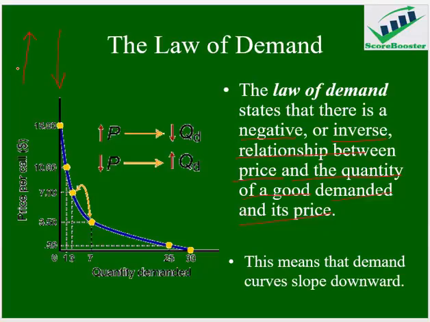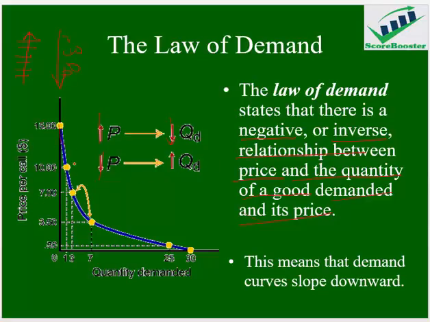Here the price moves from 1 to 2 to 3 to 4 to 5 to 6, and this item drops from 50, 40, like that. That's what we call inverse. It's not a positive, it's a negative relationship, and that is what the law of demand is saying. As the price goes up, quantity demanded comes down. As the price comes down, quantity demanded goes up for a normal product.